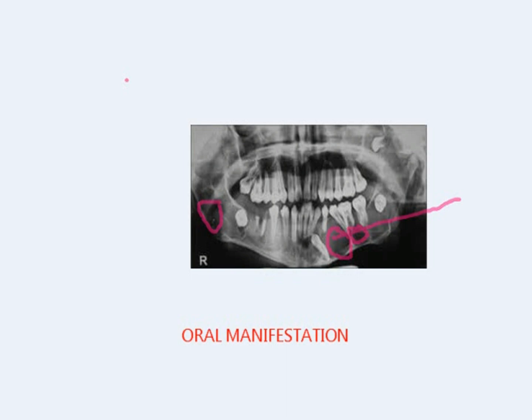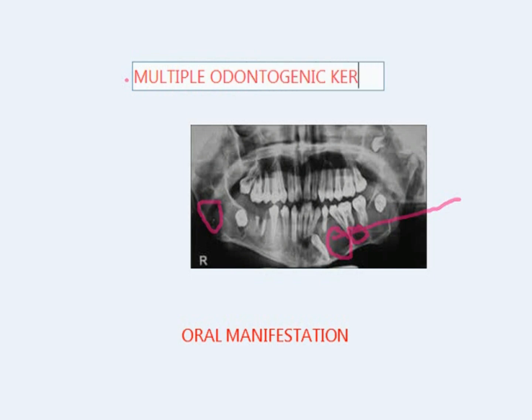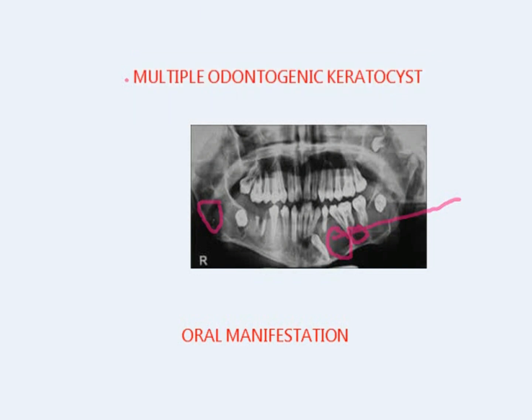So odontogenic keratocysts, their jaw lesions appear as multiple odontogenic keratocysts appearing in multiple quadrants.